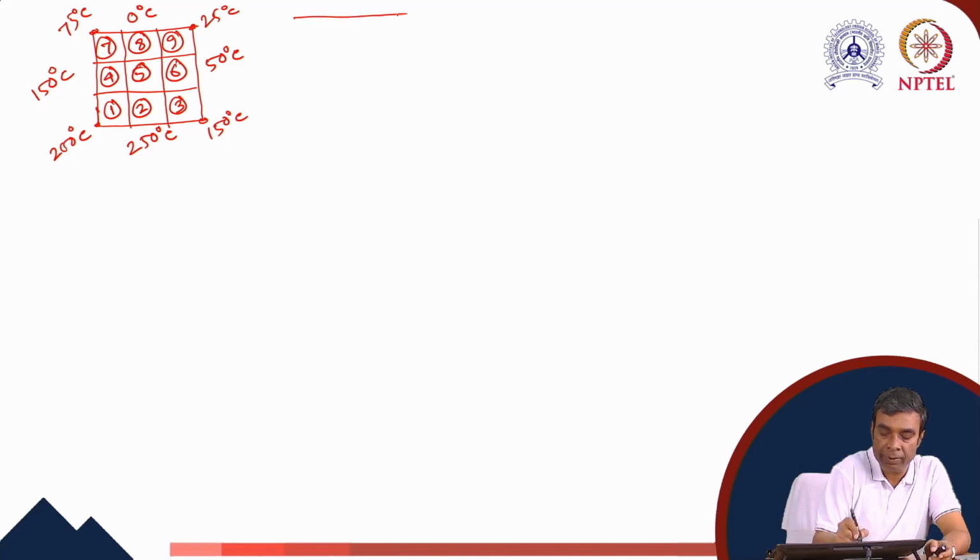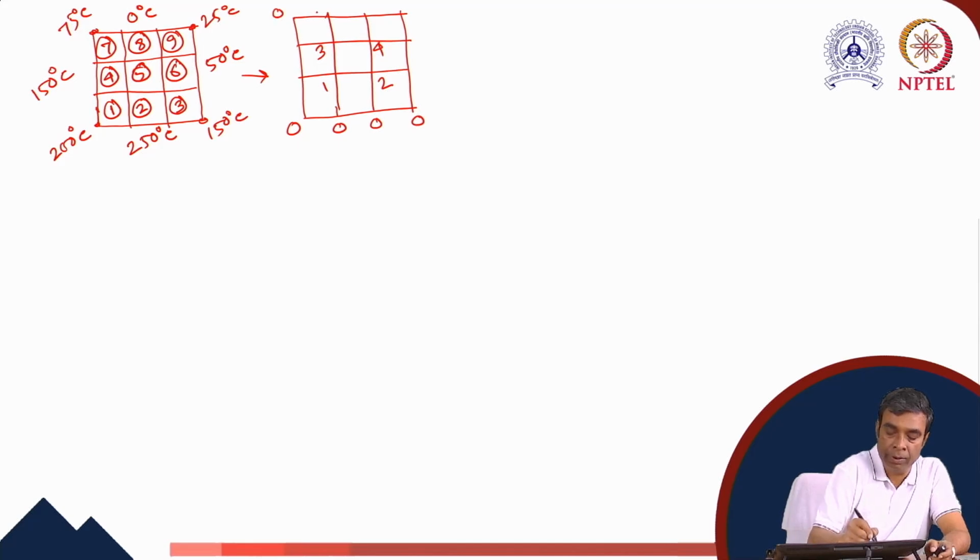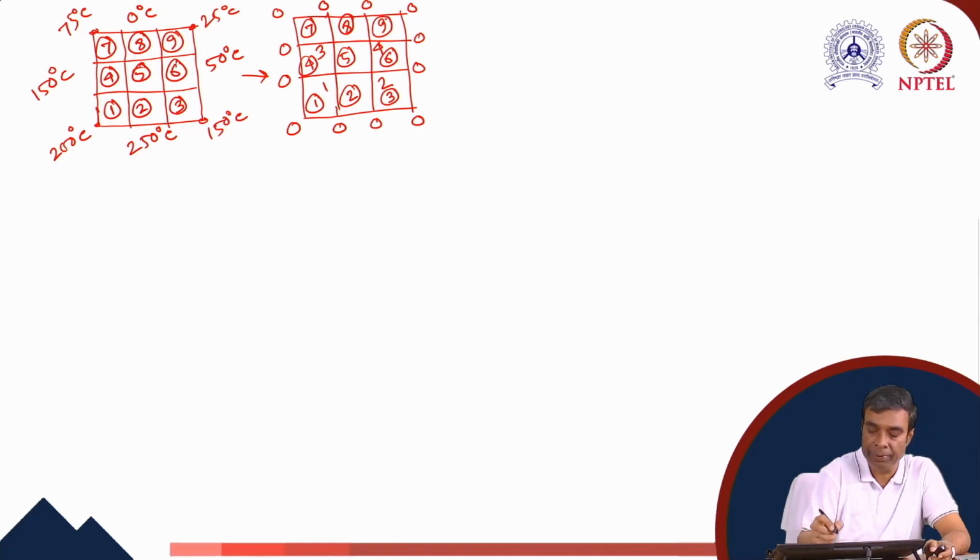Now here our equation numbers are like 1, 2, 3, 4, and then 0 for all the boundary points. Element 1, element 2, element 3, element 4, element 5, element 6, element 7, element 8, and element 9.